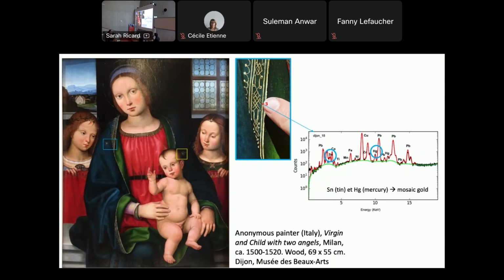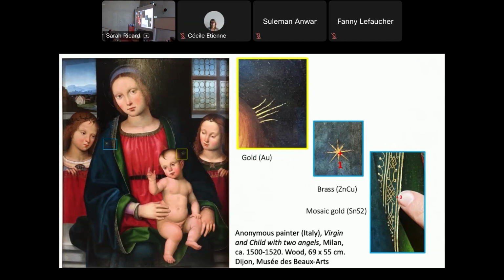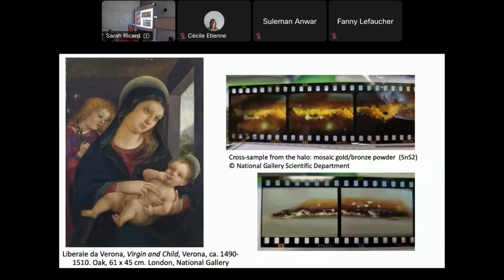So the question is finally to see to what extent the use and introduction of imitation techniques in paintings could also be something that is not based on economic purposes. The fact is that these very small motifs do not represent an economical gain, but rather a way to differentiate these different motifs with the specific optical effects of each of these materials.